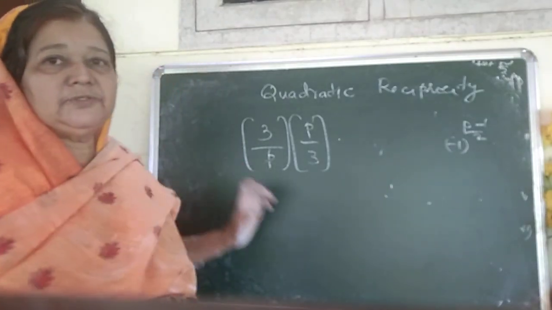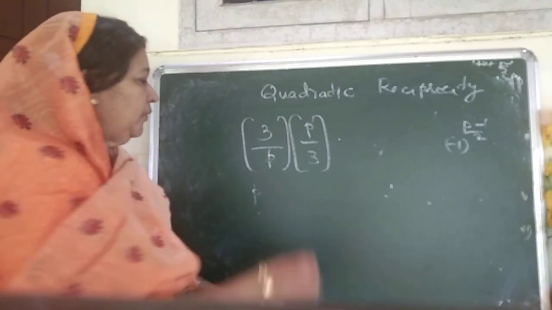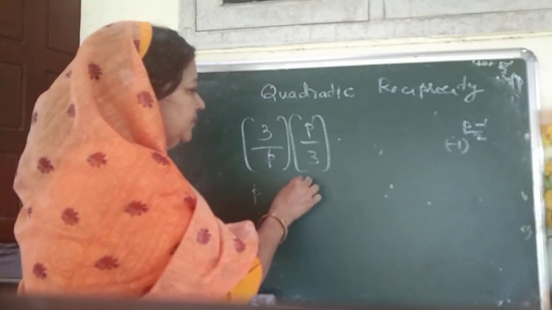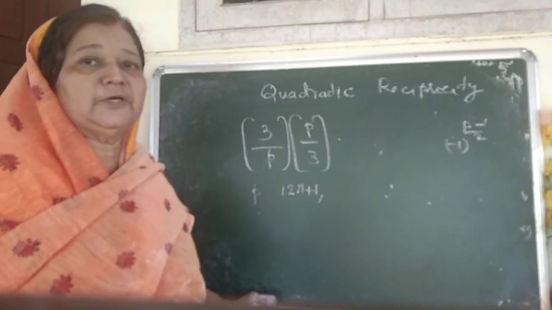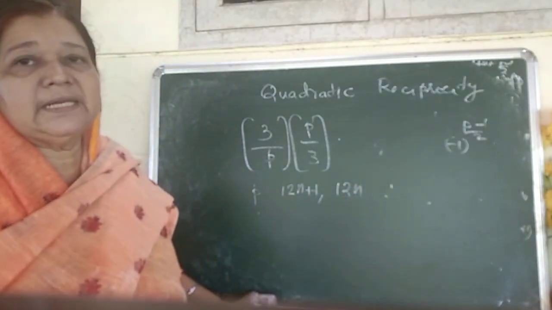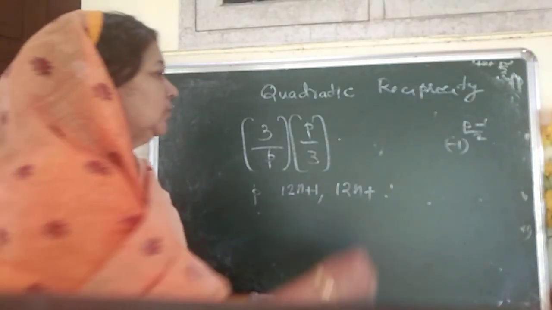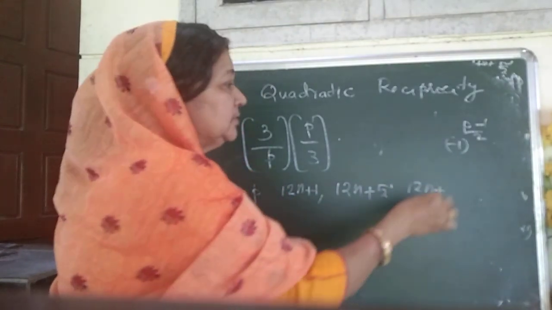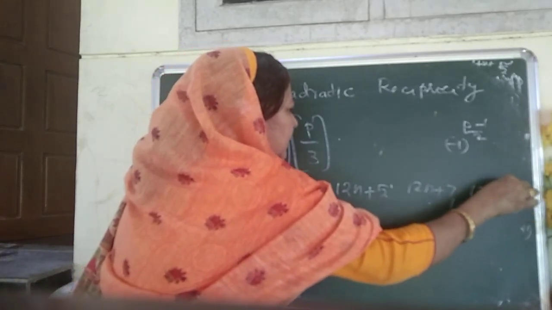Then let us assume that p is a number. We know p is an odd prime. So p can be expressed as 12n plus something. 12n itself is not possible. 12n plus 1 is possible. 12n plus 2 is not possible because it is an even number, not a prime. 12n plus 3 is also not possible since 3 is a common factor. 12n plus 4 is not possible, but 12n plus 5 is possible, 12n plus 6 is not, then 12n plus 7 and 12n plus 11.